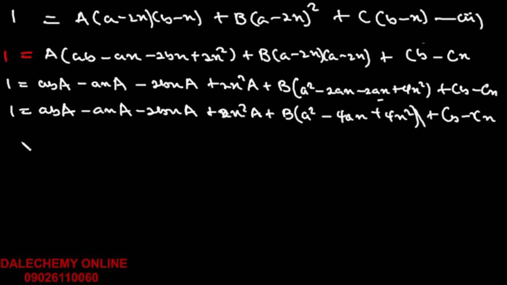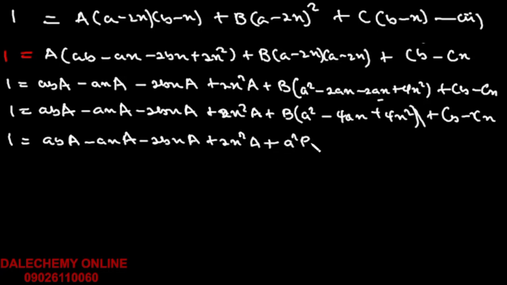Alright, so we have 1 equal ABA minus AXA minus 2BXA plus 2x squared A, then plus A squared B. Now I'm opening the bracket. We have 4AXB, then plus 4x squared B, then plus CB minus CX.